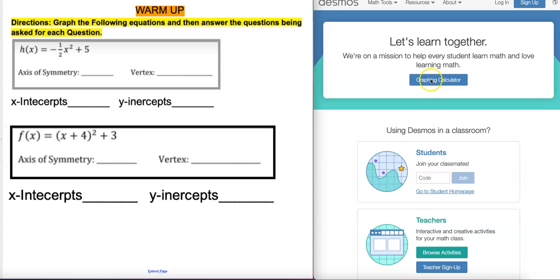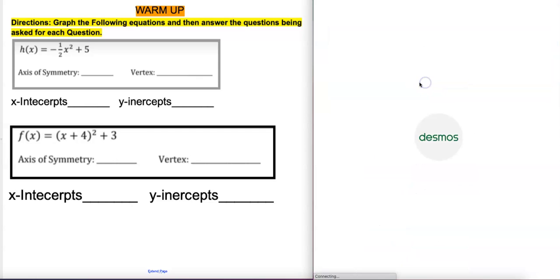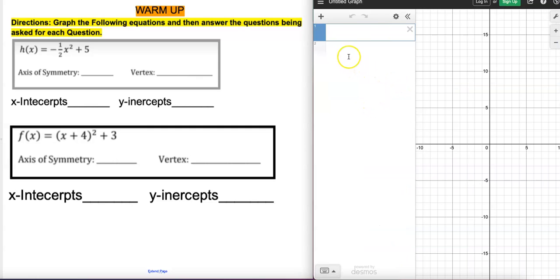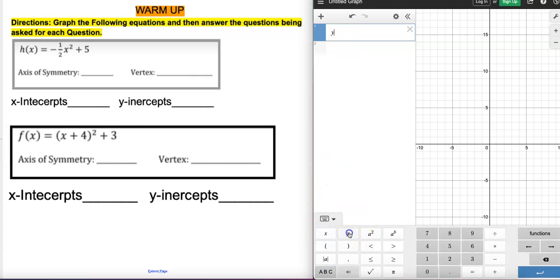So I'm going to use Desmos. I'm going to go over to Desmos and just plug the equation in. I'm going to say y equals negative 1/2 x squared.